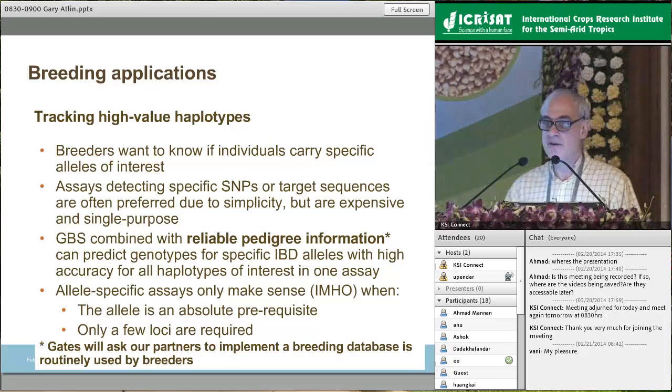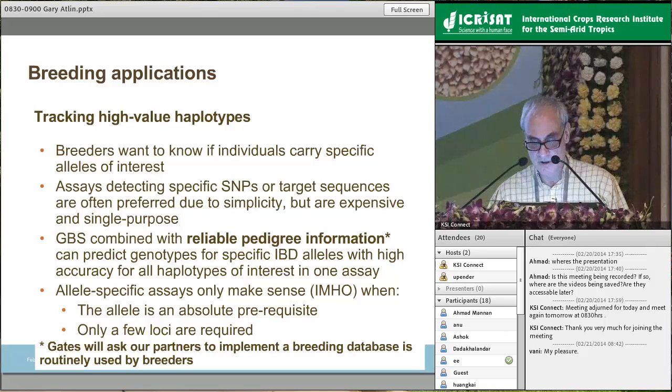The ability to track the provenance of an allele is an absolutely critical capacity of a breeding program. So again, Gates will be encouraging and trying to support our partners in implementing breeding databases like the tools provided by the integrated breeding platform and other systems.